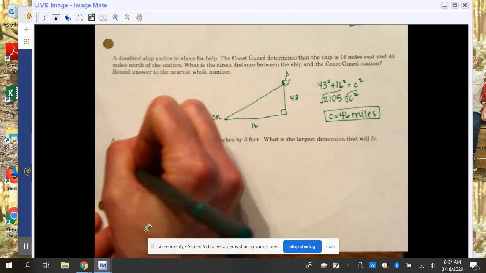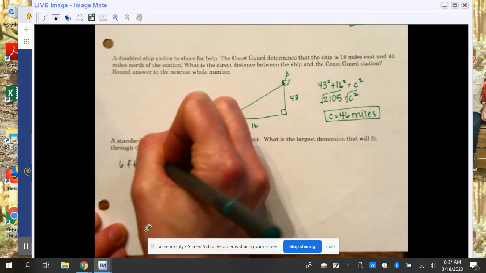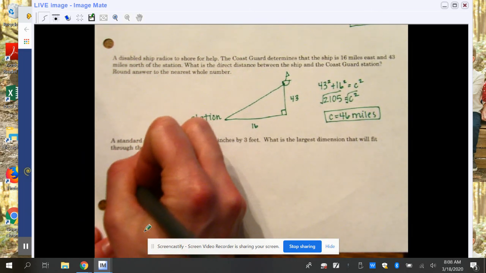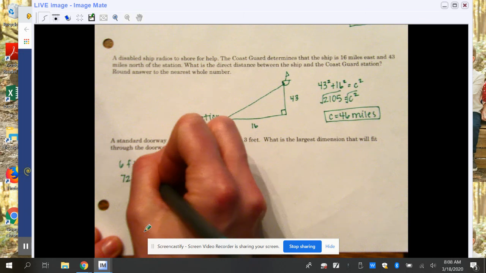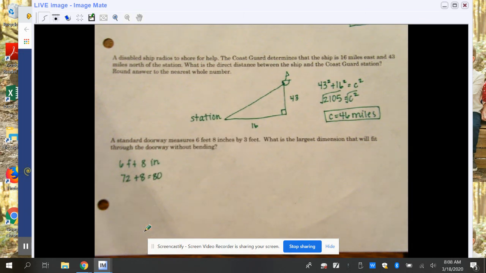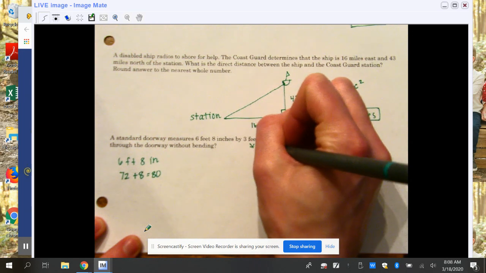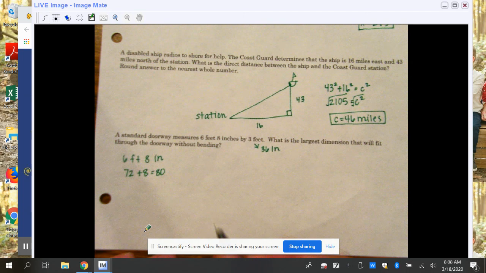So 6 feet 8 inches, 6 times 12 is 72, plus 8 is 80 inches, and then that 3 feet is going to be 36 inches. So we want to make sure everything is in the same unit.